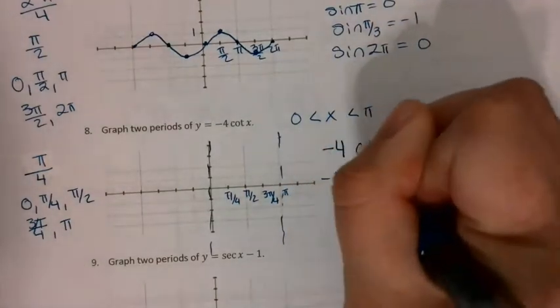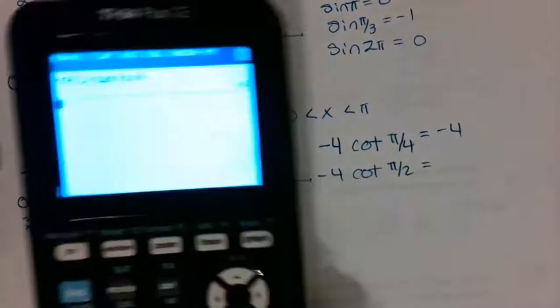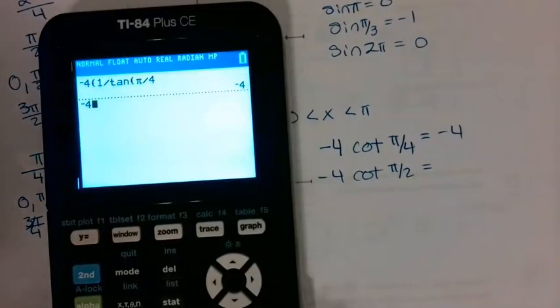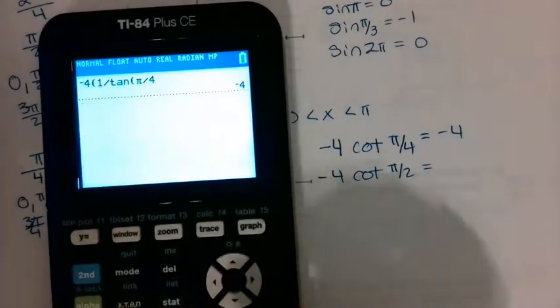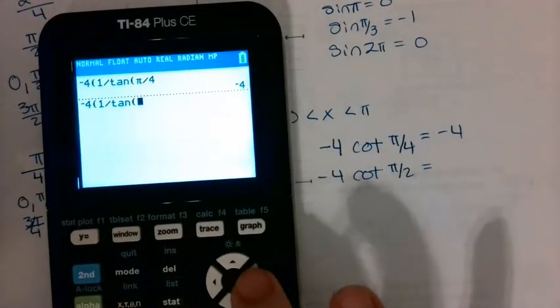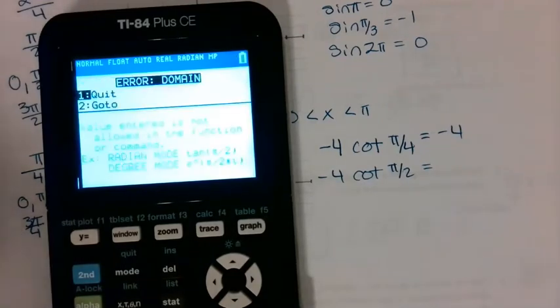I'm going to do -4 cotangent pi halves. So I typed that in, -4 parentheses 1 divided by tangent pi halves.